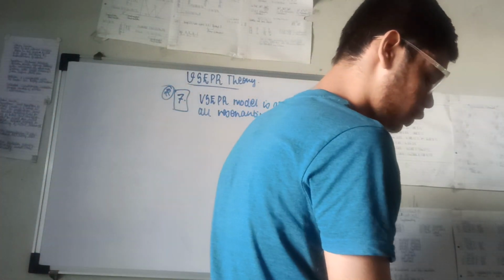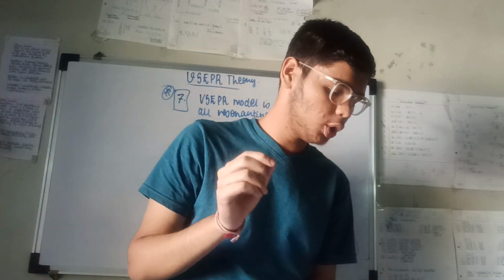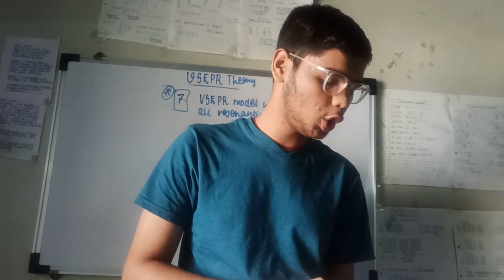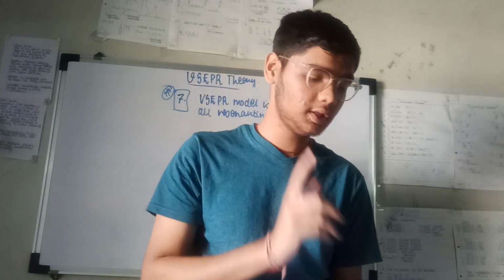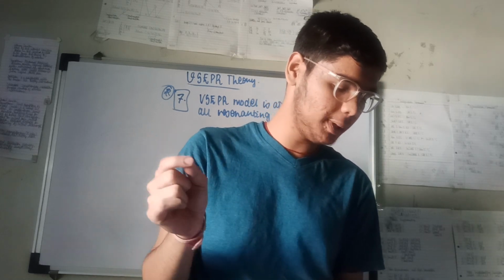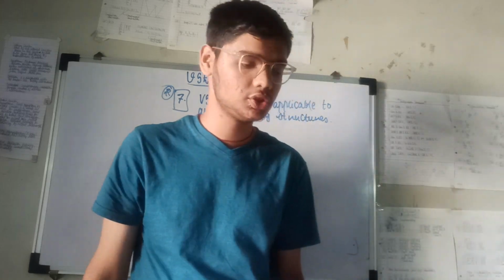I am revising the postulates. The geometry of a molecule depends upon the total number of valence shell electron pairs around the central atom. Pairs of electrons in the valence shell repel one another since the electron clouds are negatively charged.